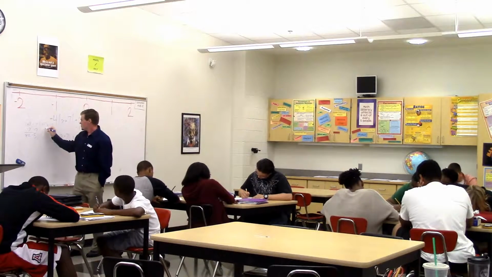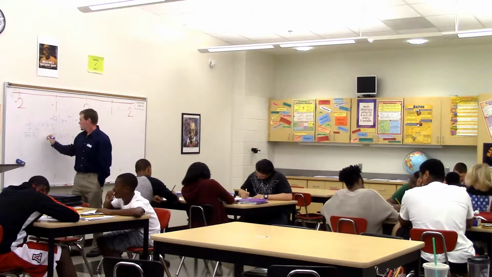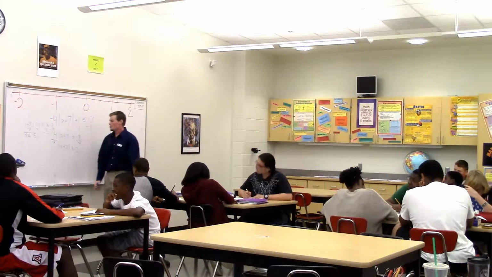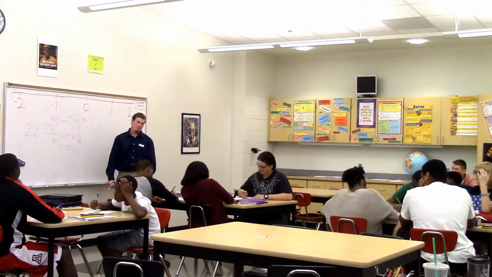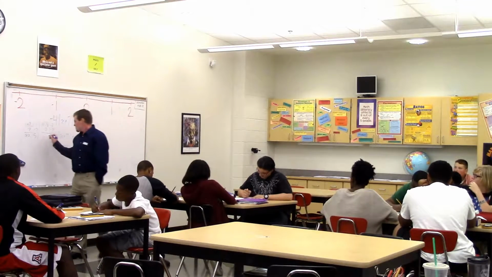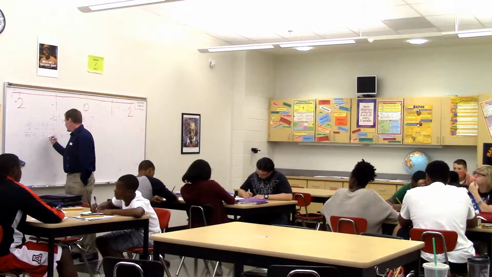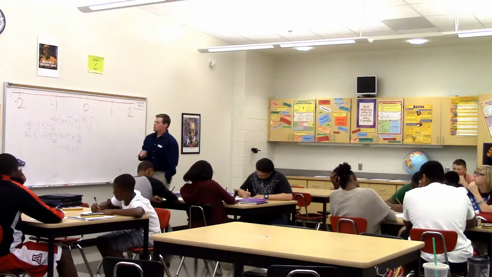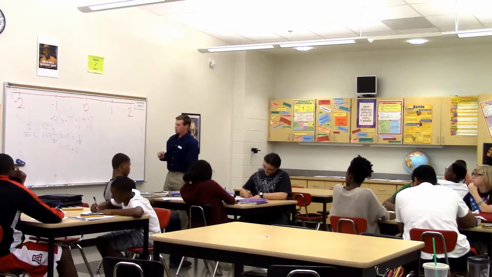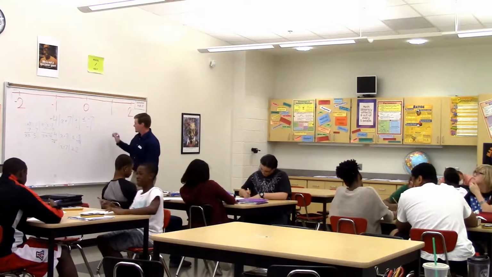Alright, and we subtract 7 on both sides from this one. And what do we get? Negative 9. Alright, so we've got x is greater than or equal to -5, and x is less than or equal to -9. Alright, so now we're going to graph it.